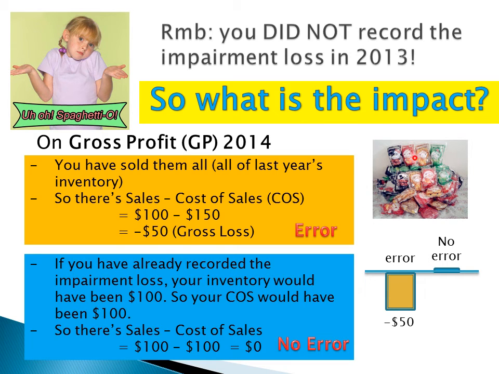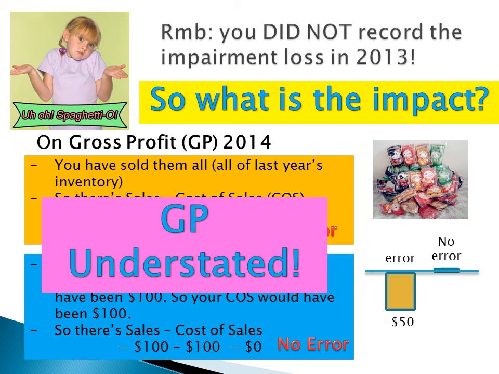Instead, now it is affecting the profit for 2014. So with all that said, what is the impact on gross profit 2014? GP is understated. Can you see it went below? So it is understated. If there's no error, it would have been higher.